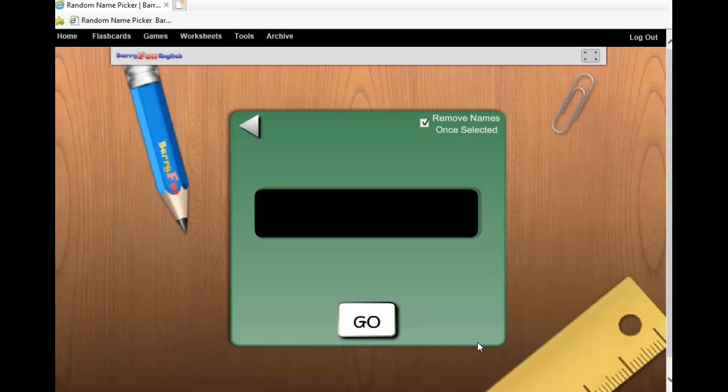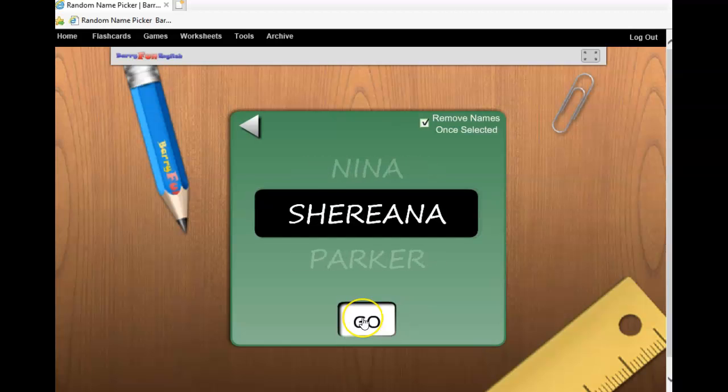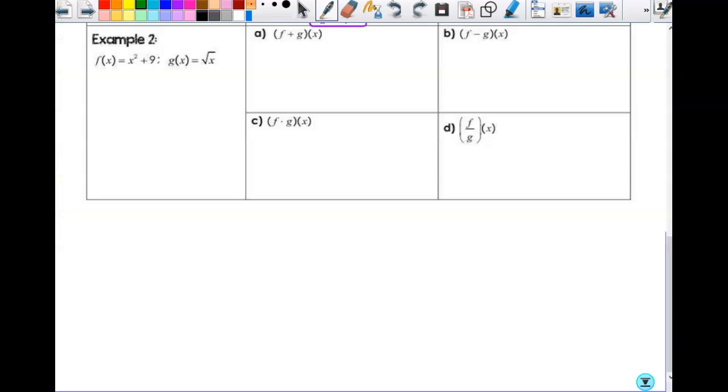I can help you with the notation as long as you can give me the information. All right, let's see who's going to help me. You're going to tell me what your table decided. All right, Lizbeth.